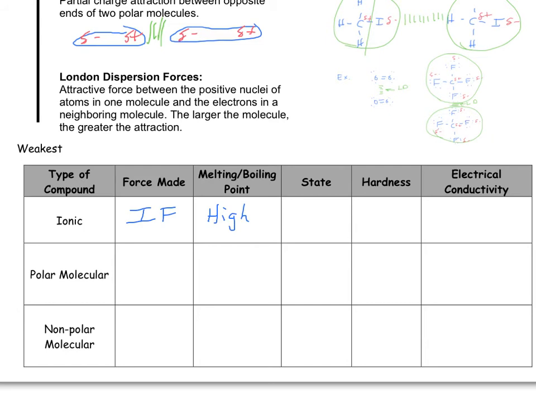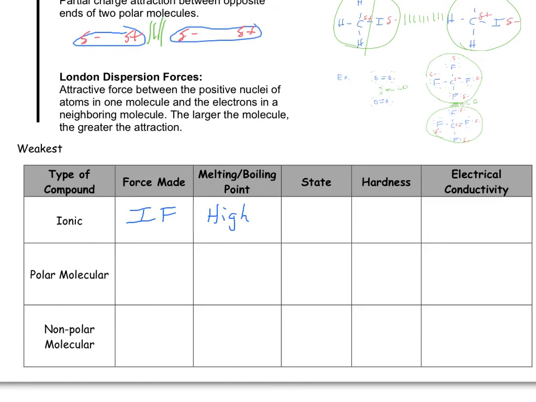When you melt or boil a compound, you have to physically separate the particles or break the intermolecular forces holding the substance together. The stronger the force, the higher the melting and the boiling point. The stronger the intermolecular force, the more easily it holds the particles in a crystal, making the compound a solid.